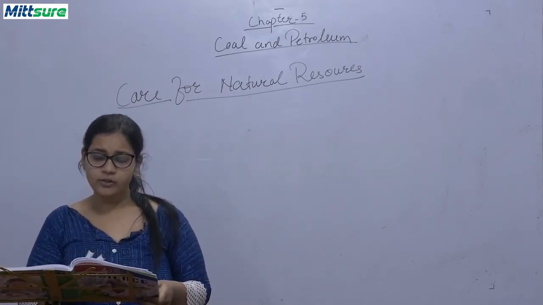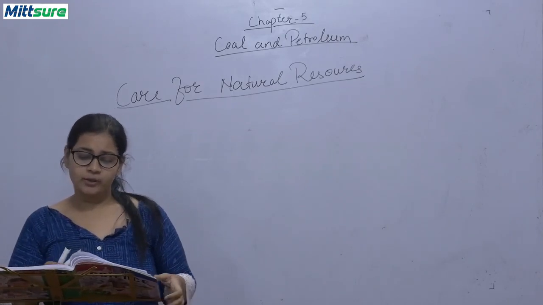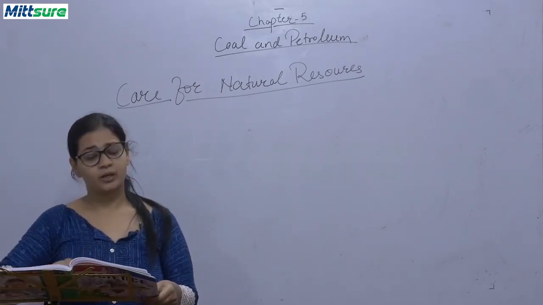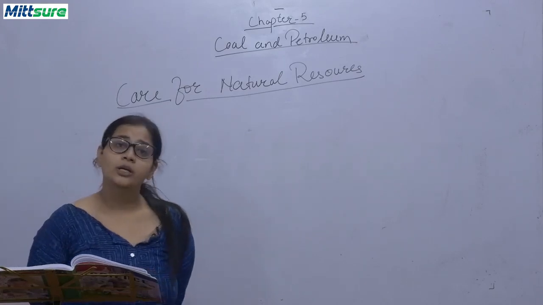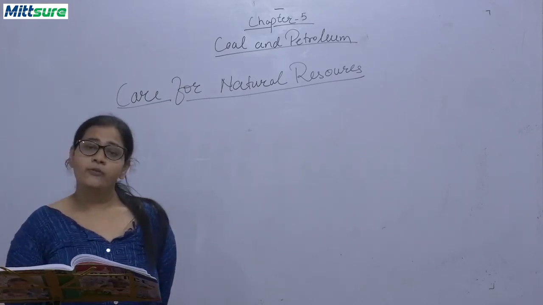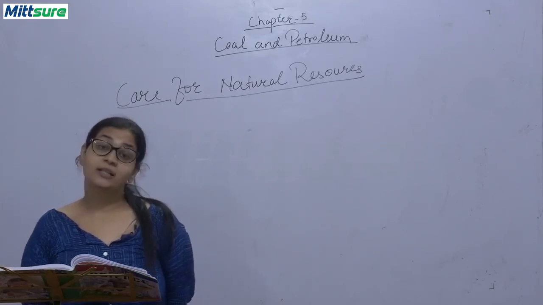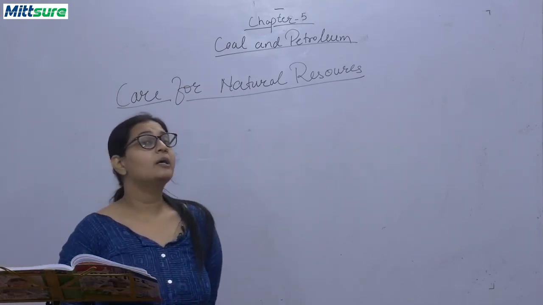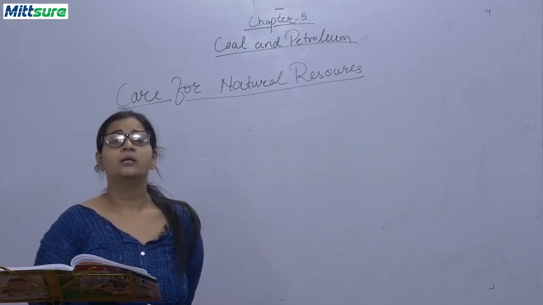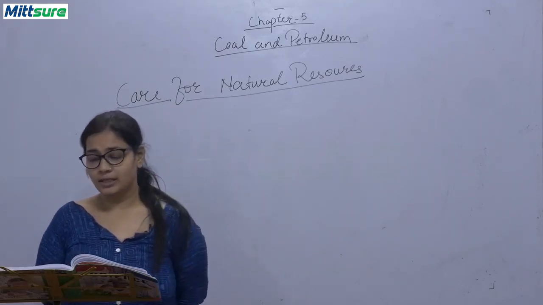That's why, along with the use of petroleum and coal, we should try to find alternative methods of energy also. There has been work going on. इस पे बहुत काम हो रहा है बच्चा कि हम अलग अलग resources find करें जिससे हम energy ले सकें.